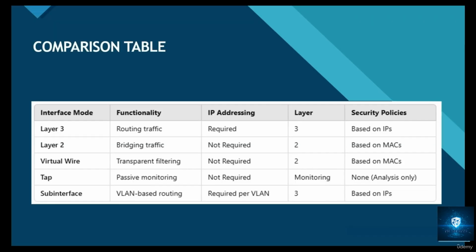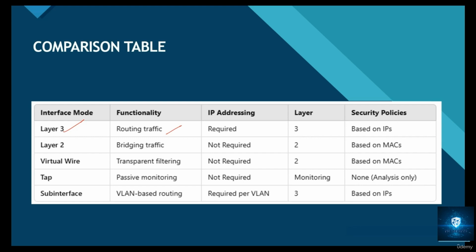Let me erase this. All right, so the next thing is the comparison table. This is a short comparison of the functionality, IP addressing required, the layer that it works on, and how the security policy works. On the layer 3 mode, basically this one, layer 3 functionality is routing traffic.